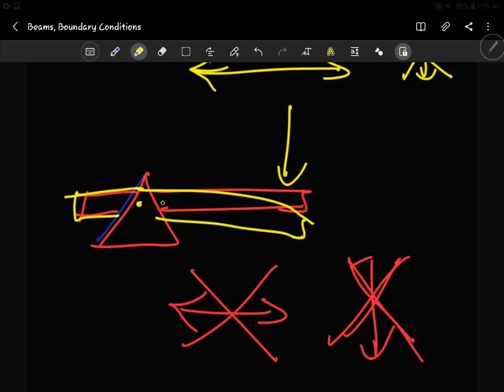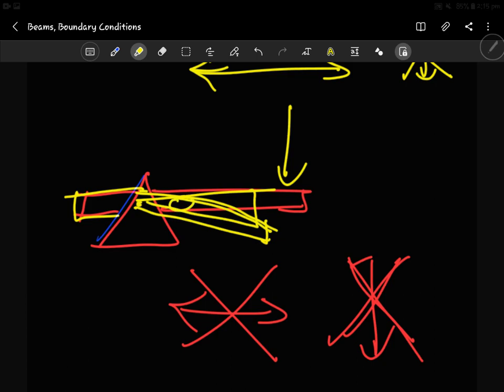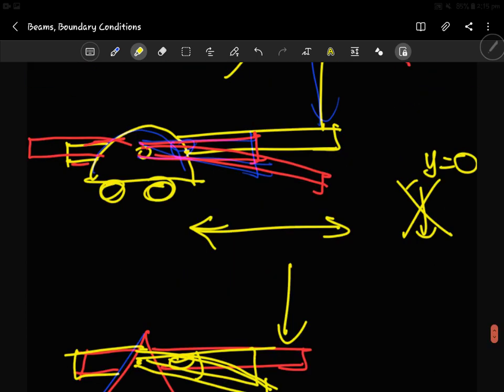Just at that point there, you take some kind of triangle and compare the initial and the final. So it's just like the roller end, the same thing. A triangle here and you compare, you see that there's actually some kind of bending, right?